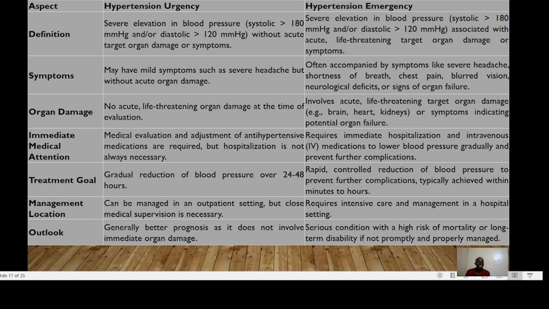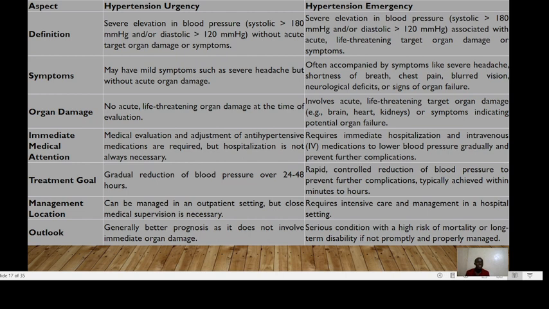In terms of organ damage, in hypertensive urgency there is no acute life-threatening organ damage at the time of evaluation. This is different with hypertensive emergency, which involves acute life-threatening target organ damage, could be the brain, the heart, or the kidneys, or sometimes symptoms indicating potential organ damage.